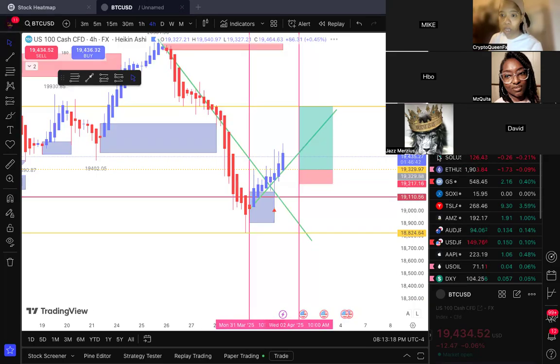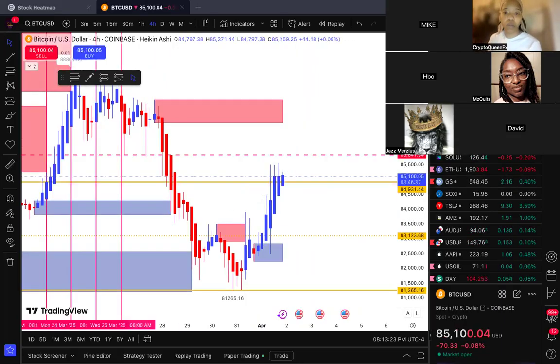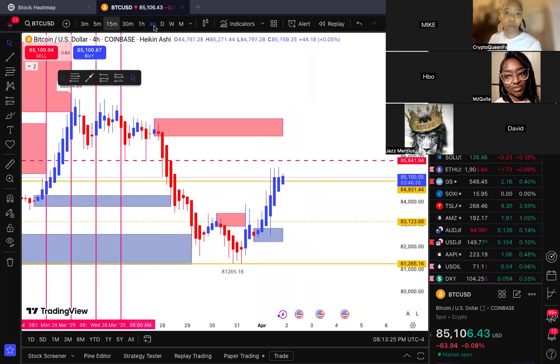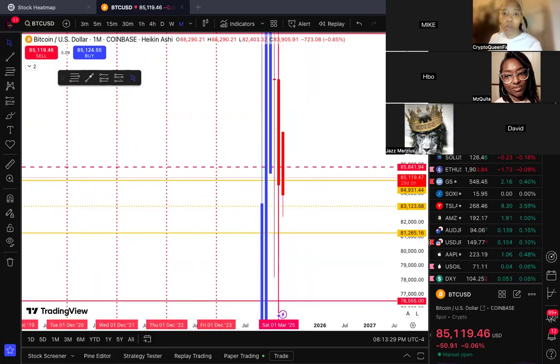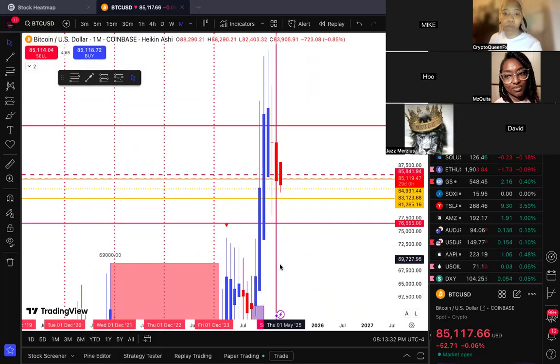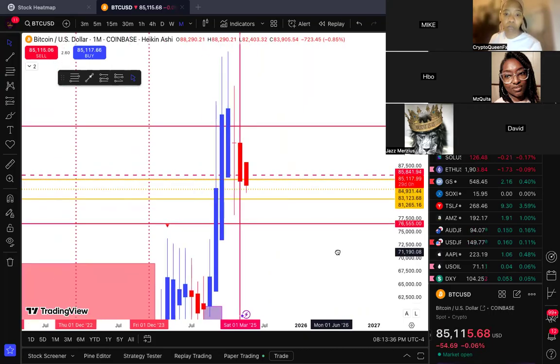Now look at Bitcoin and GJ. Bitcoin is coming back up.